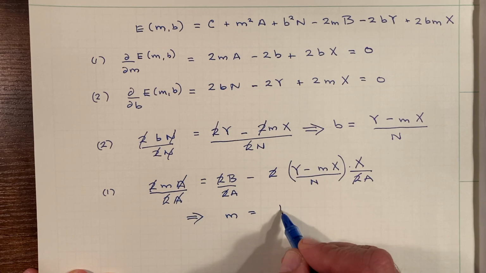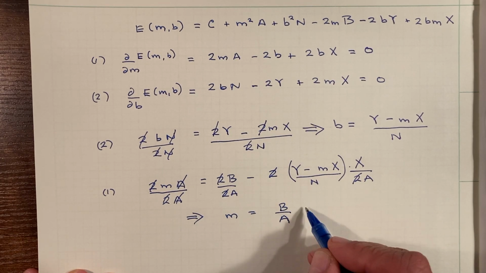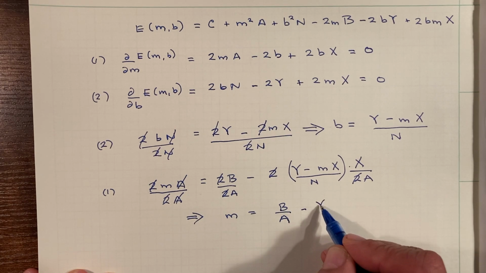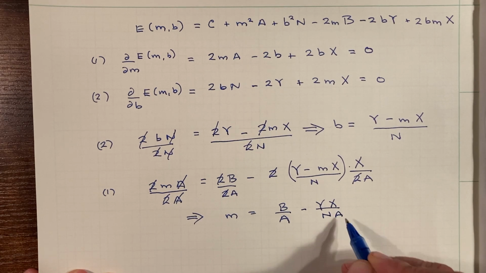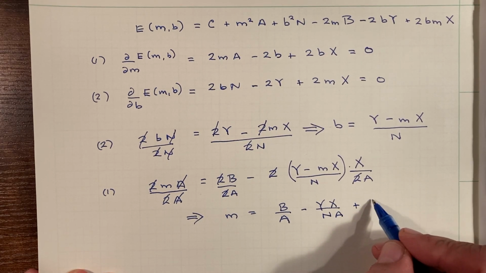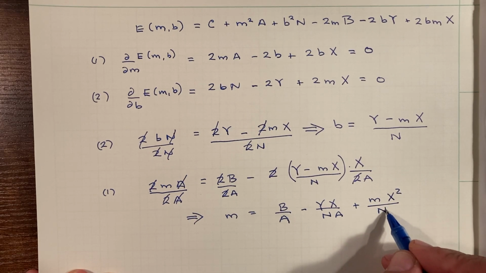M equals big B over big A minus yx over na plus mx squared over na.